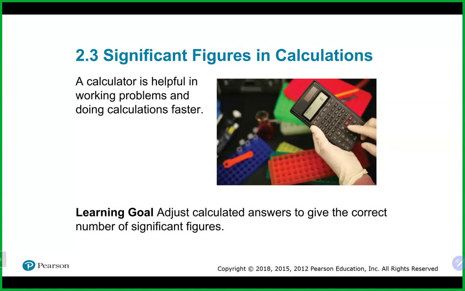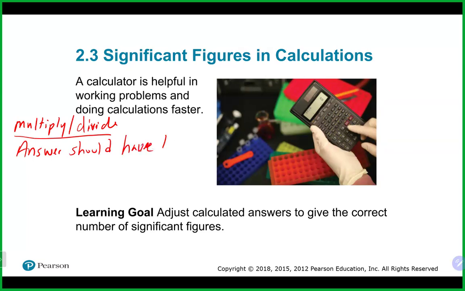So when we're doing scientific notation or significant figures in calculations, if we multiply or divide, so either one, the answer should have the same number of significant figures as the number with the least number of sig figs.